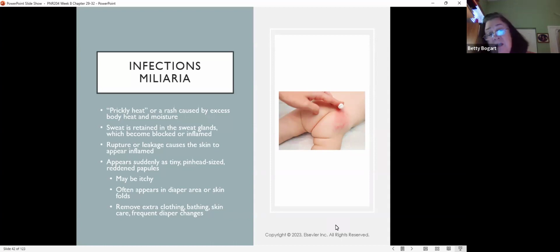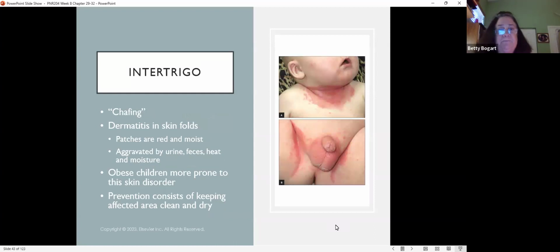It can be itchy. As I said, a lot of times it could be in that diaper area and those skin folds. And underneath the neck is the big one, especially on infants. So what they say is if the kid is having this, take off their diapers and just let them be, bare butt on their tummies for tummy time, right? Put a diaper underneath them or something to catch urine or stool. But it really will help with the treatment.